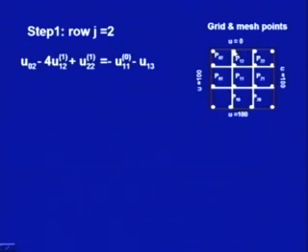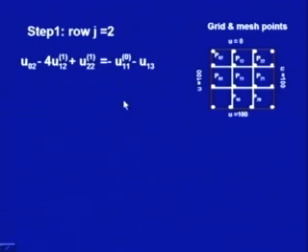So, these two points are our boundary points, and on the right hand side u11 is the initial guess, which is 0. u02 is this point which is 100, and u13 is this point which is 0. So, you are getting minus 100.